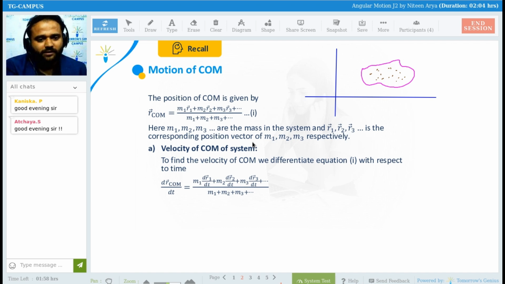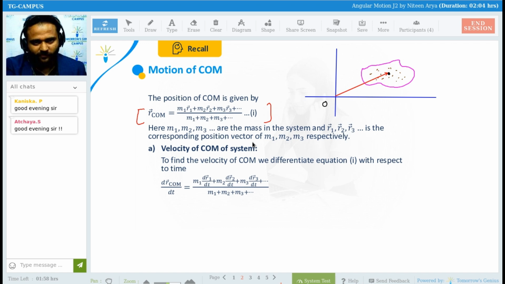First we need to find the center of mass. This is the position of center of mass, from the origin, from where we are going to find everything. This is your origin, and this is the point of center of mass.